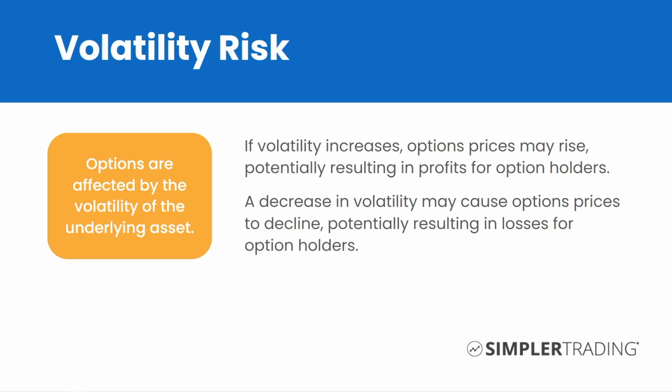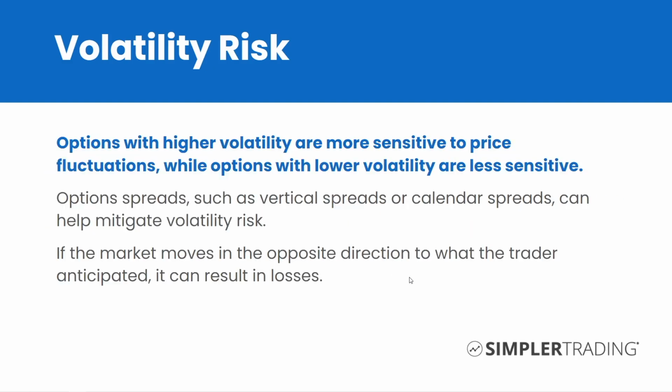So make sure you're understanding what type of option strategy, of course, you're putting out there and see whether or not it benefits from volatility increasing or if it benefits from volatility decreasing, right? And both of those refer back to, of course, the risk around volatility itself. Options with higher volatility are more sensitive to price fluctuations, while options with lower volatility are less sensitive.